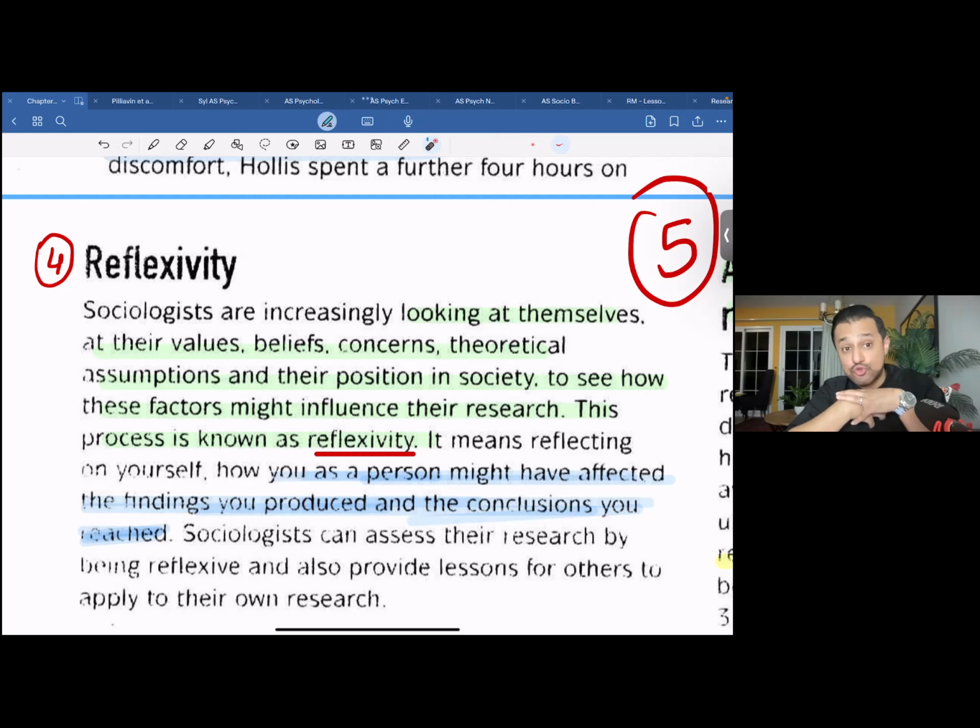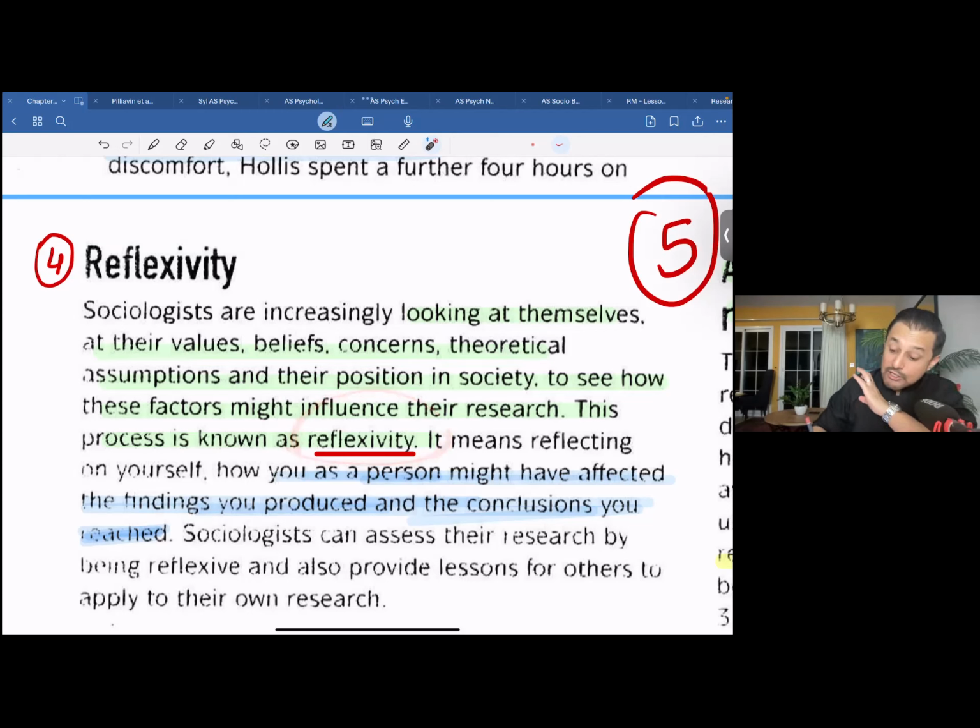So, if I'm a sociologist, the values that I carry, the beliefs that I hold, the concerns I have about what's important and what's not, maybe the theoretical assumptions that I support, the position that I hold in a particular society, these factors, amongst others, might affect my research procedure, my research process, and my research findings. This process is reflexivity.